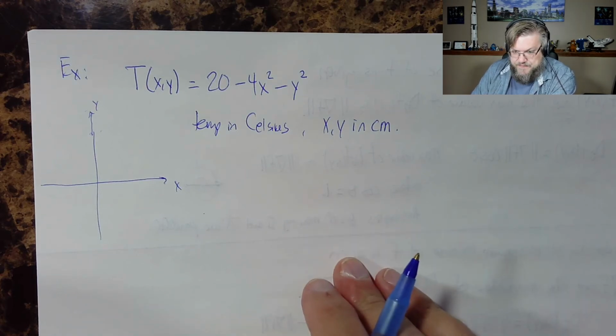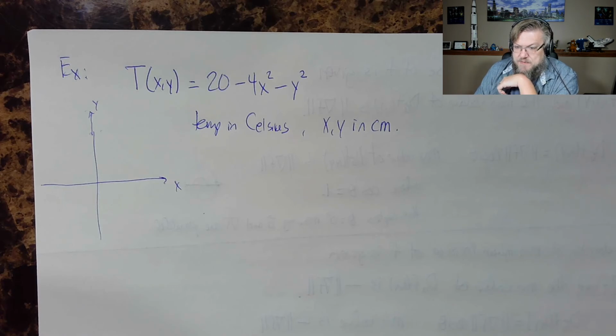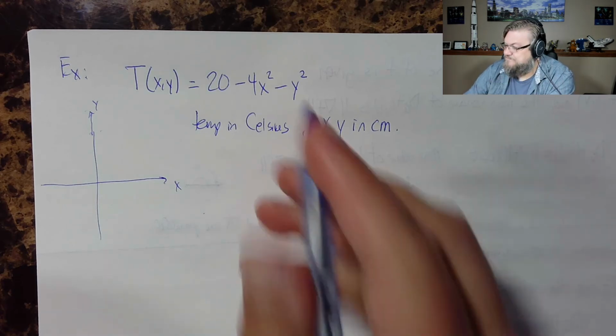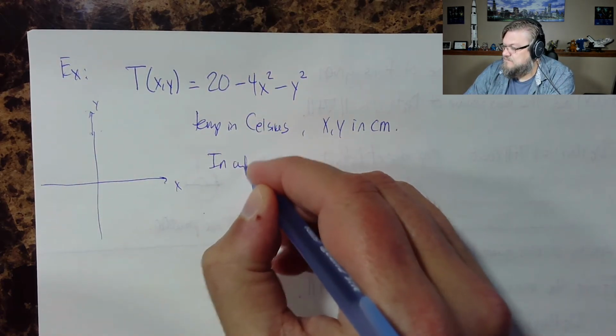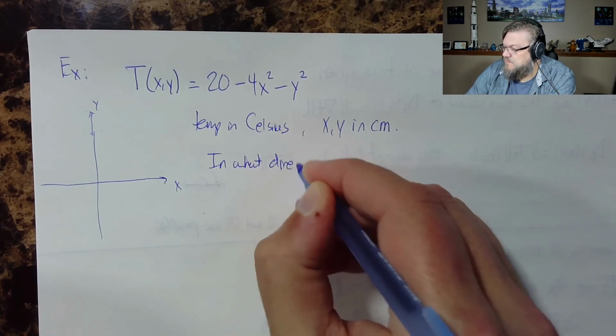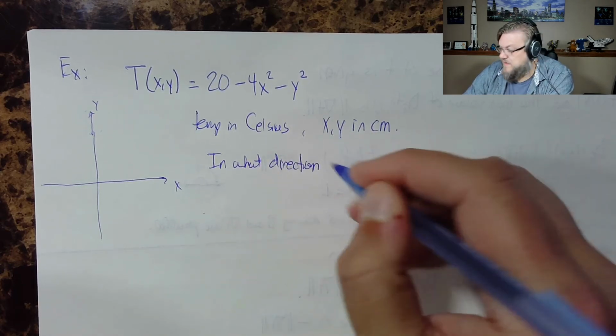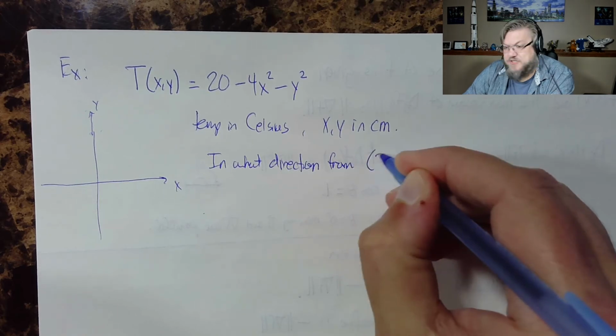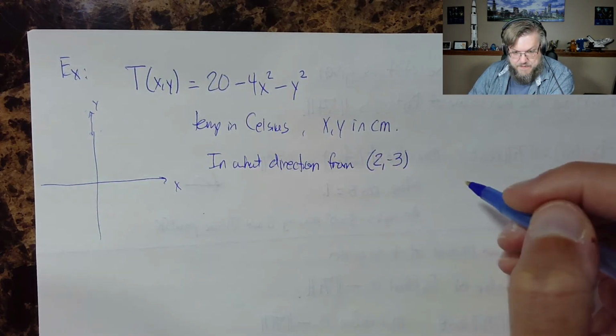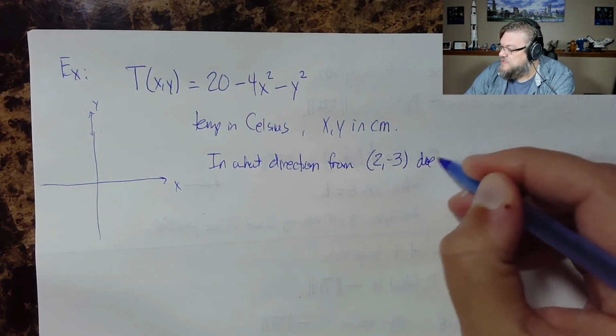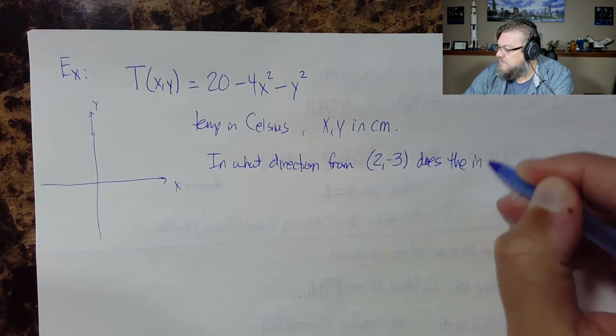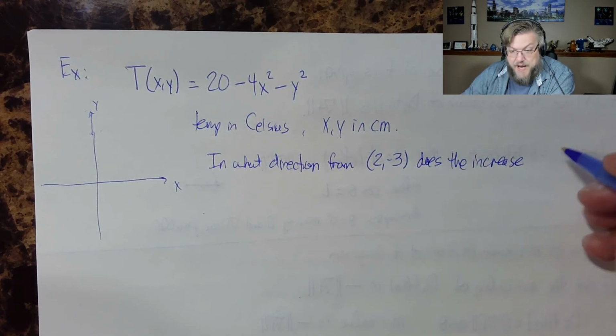So I have a question. In what direction from the point 2, -3 does the temperature increase most rapidly?